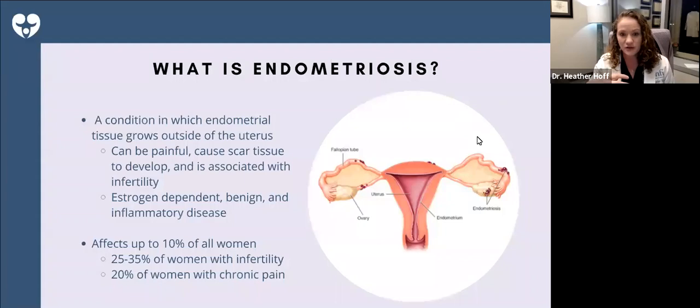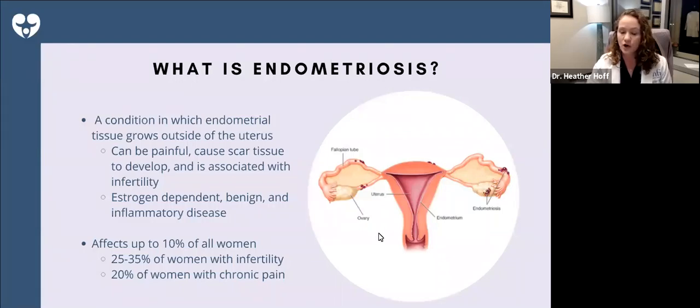These endometrial implants can become very large. If they do invade into the ovary, there's something called an endometrioma. This is also known as a chocolate cyst because the blood that is contained in an endometrioma becomes a deep reddish brown color. The endometrial implants can cause inflammation.